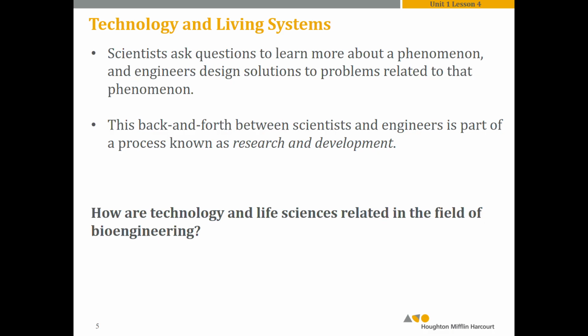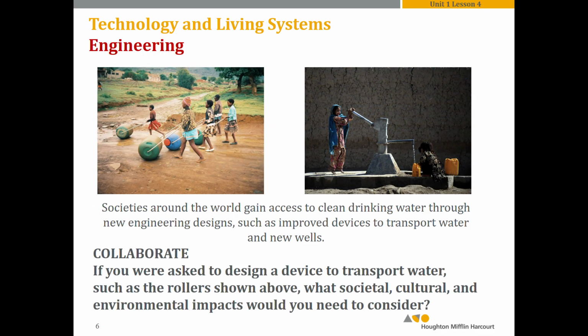Scientists ask questions to learn more about phenomena, and engineers design solutions to the problems related to that phenomenon. This back and forth between scientists and engineers is part of the process known as research and development. If you look at an example, there is an engineering process.